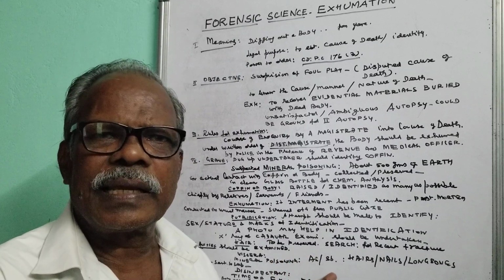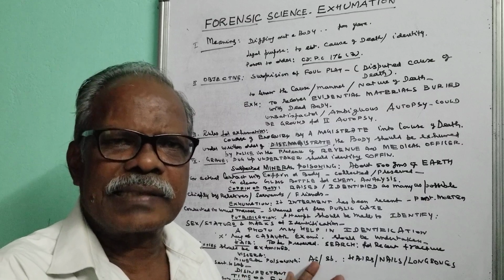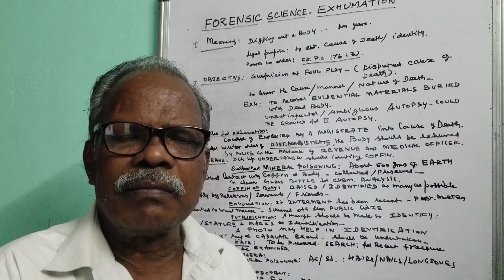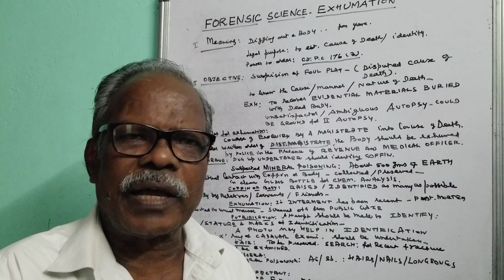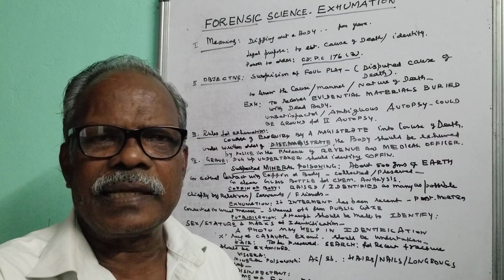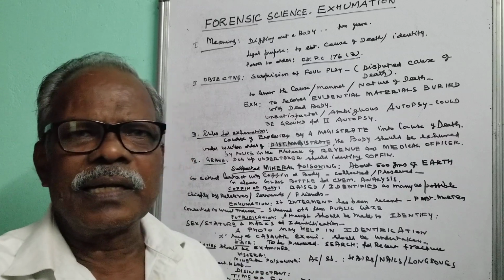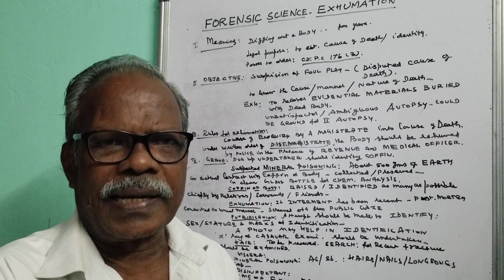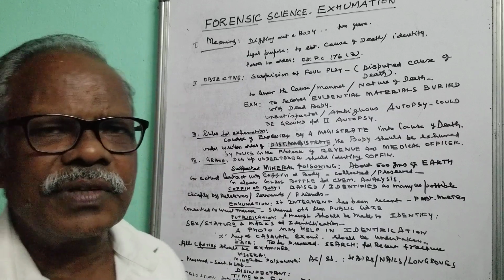The penalty under Section 318 IPC is 2 years imprisonment, or fine, or both. Accordingly, it was made a crime and 2 years imprisonment was ordered for the parents. So with this we conclude this video.